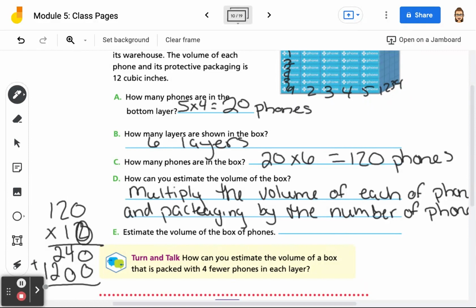We add 0 plus 0 is 0, 4 plus 0 is 4, 2 plus 2 is 4, and then we have 1. So that means we're going to have 1,440 cubic inches, or 1,440 inches cubed. Just another way to write it.